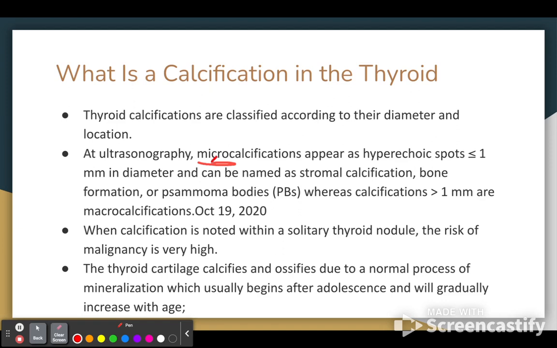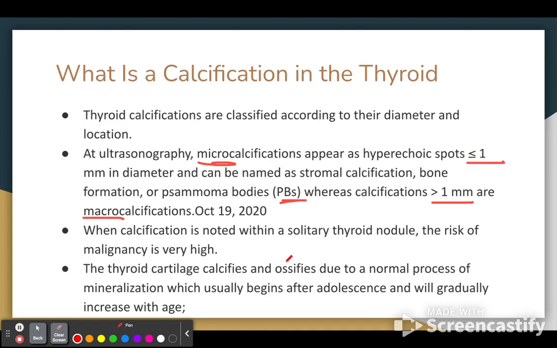I don't know how to say it, PBs, we're going to say PBs. Whereas calcifications larger than 1 millimeter are macrocalcifications. So micro, they're less than 1. Macro, they're greater than 1 millimeter.